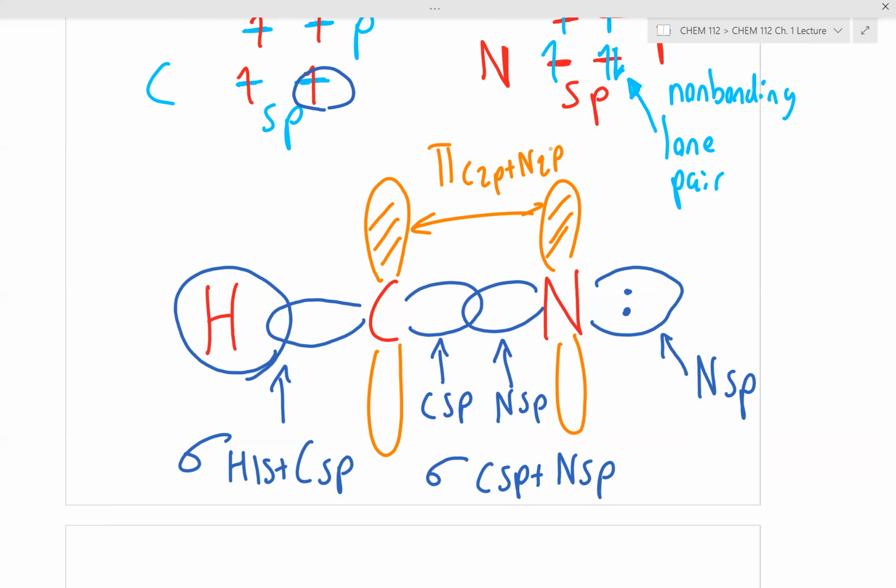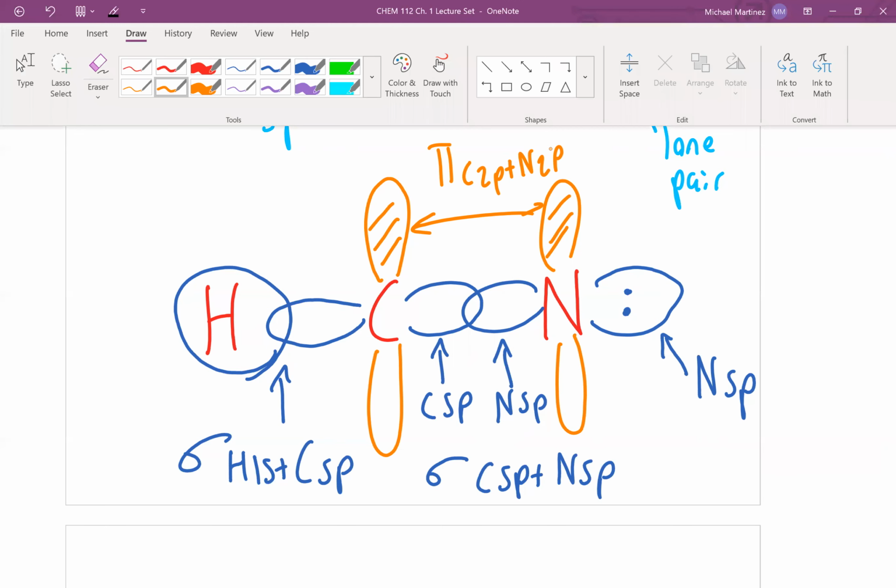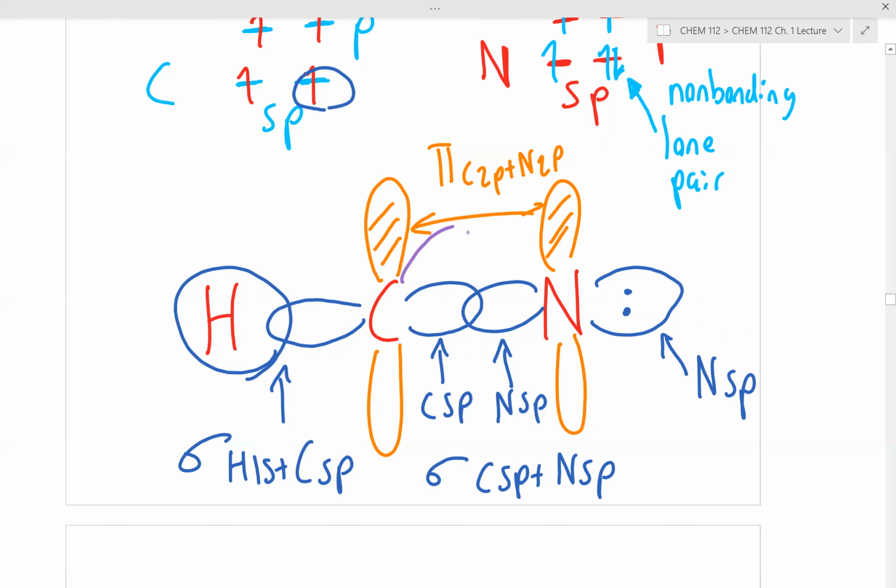Now, this is really important. Where do I draw my second set of p orbitals? On the vertical axis or on the horizontal axis? Horizontal. Okay, so let's draw the second set. I'm going to erase this label just so that we have a little more space.